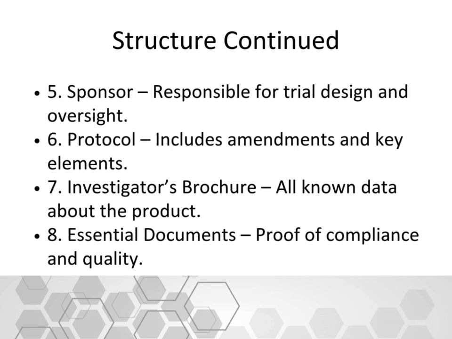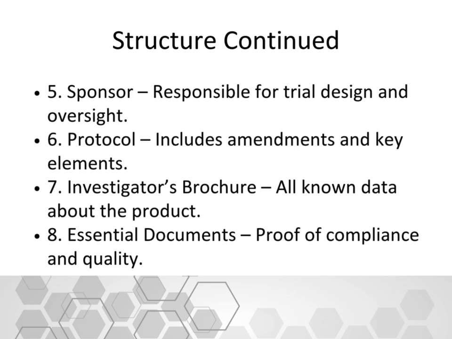6. Clinical trial protocol and protocol amendments. This covers the essential elements of a protocol, what needs to be included, how amendments should be handled, and what the IRB should see. 7. Investigator's brochure. This is the central source of preclinical and clinical information about the investigational product. 8.